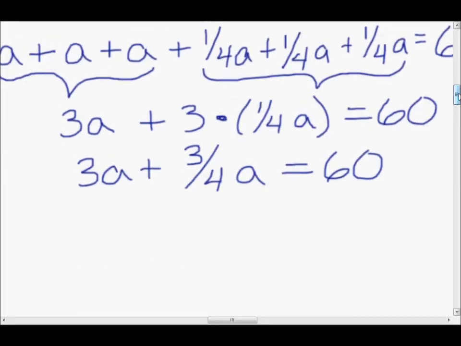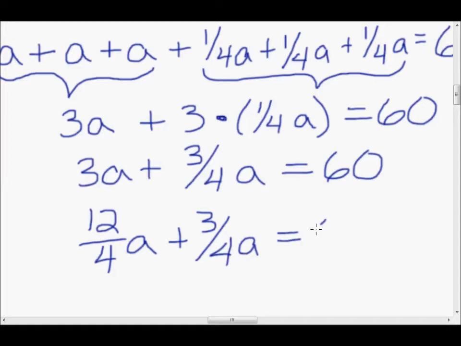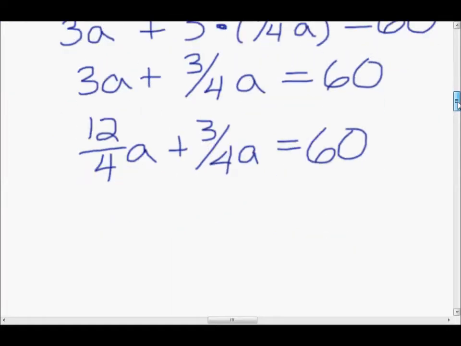Let's try to combine this 3a and this 3/4 a. We're going to do that by turning this 3a into a fraction. I'm going to multiply the top and the bottom by 4, so that I can turn it into 12 over 4, which is the same as 3, right? Plus 3/4 a equals 60. And we're going to turn this into 15 over 4 a equals 60.